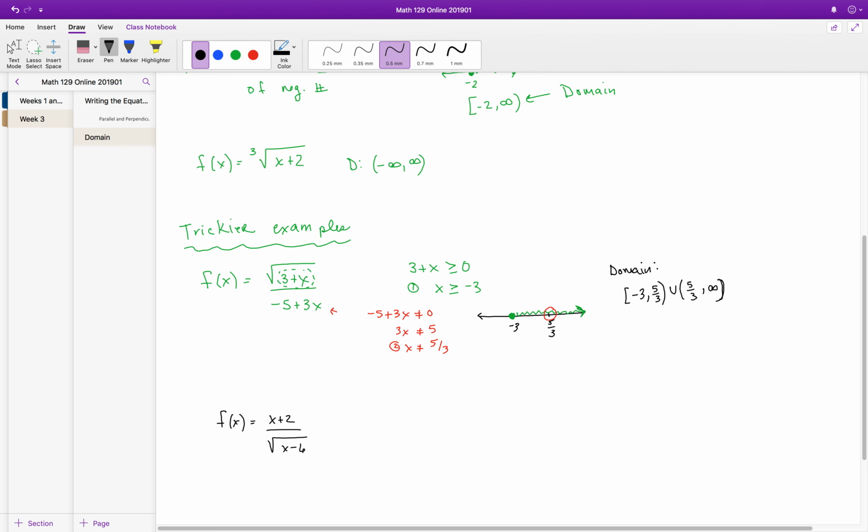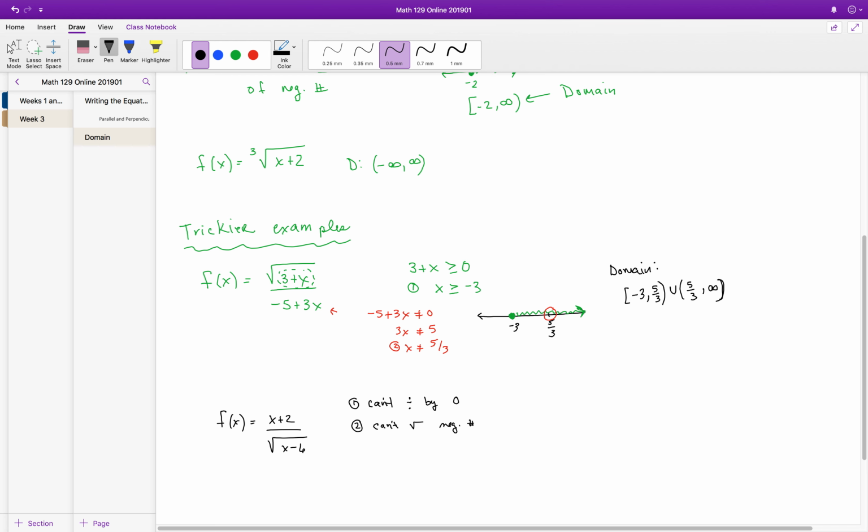So for one, the two things that I really need to think about is I can't divide by 0, and I can't take the square root of a negative number, right? So those are the two things I have to look out for.